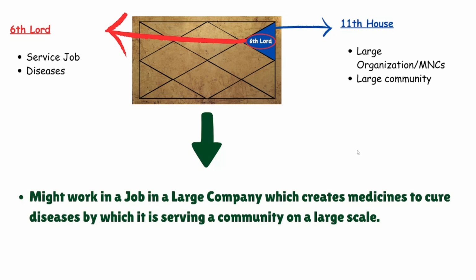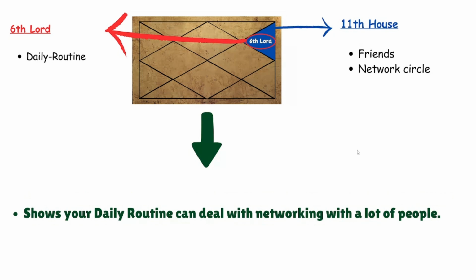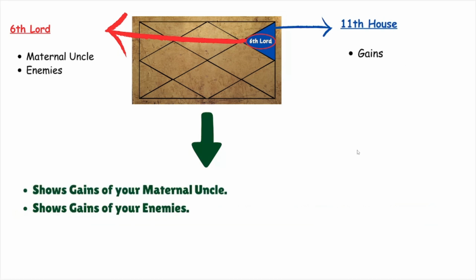Which exact one suits you best needs to be seen from the planets, zodiac signs, drishti, aspects, nakshatras, etc. Sixth lord shows your daily routine, and 11th house is the house of friends and network circle. So it can be possible that your daily routine deals with networking with a lot of people.